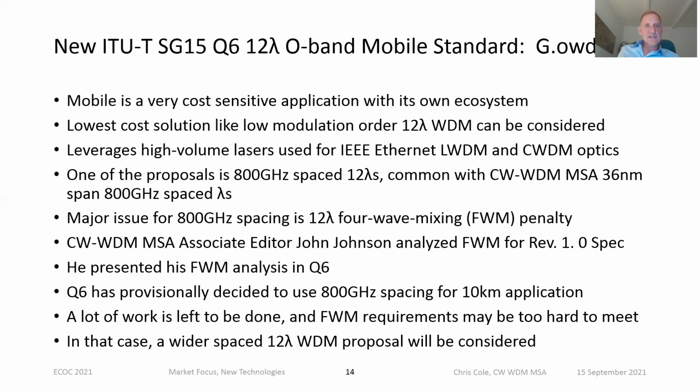A week ago, Q6 provisionally decided to use 800 gigahertz for the 4-kilometer application code. A lot of work is still left to be done. The 4-wave mixing penalty for the stringent application may be found too hard to meet, although we're optimistic. But if that happens, then a wider spaced 12 wavelength WDM proposal will be considered.